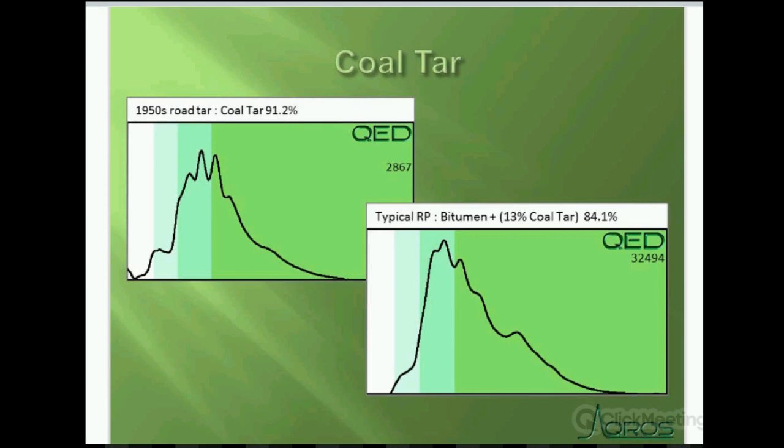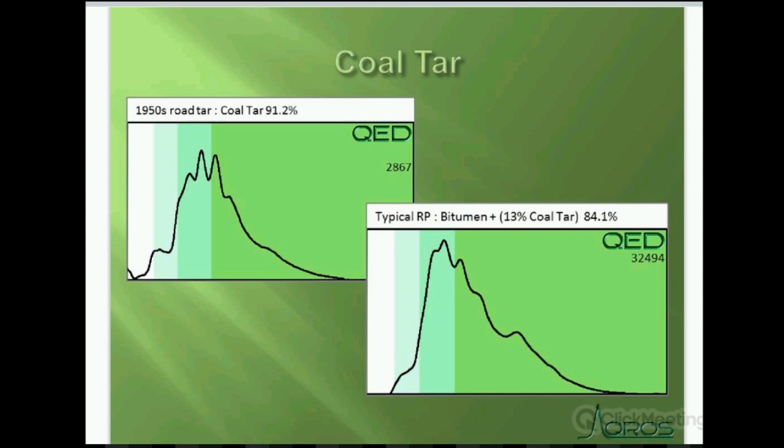However, let's look at 1950s road tar, and that's made of coal tar, and you can see it is quite a significant difference. And you also get mixtures, where you get standard bitumen-based road tars mixed with coal tar, and here you can see a fingerprint at the bottom showing bitumen with 13% coal tar in it.